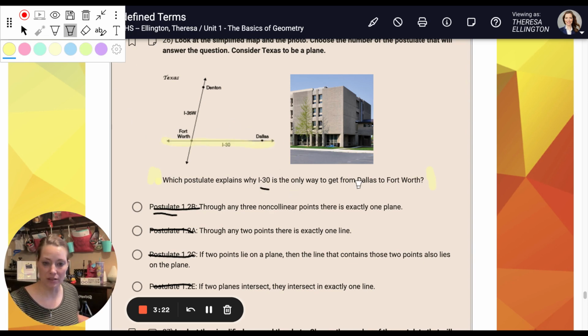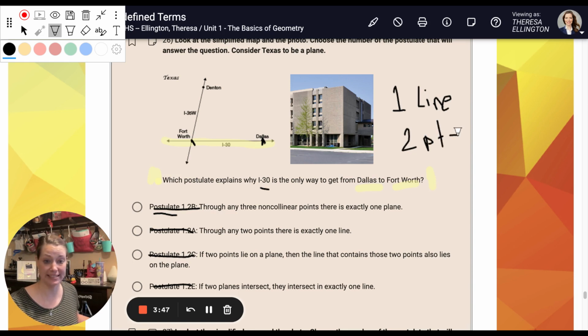And the next two nouns that we have are Dallas and Fort Worth. Well, on the map, those are represented by points. So I have 2 points. So I'm looking for a postulate that includes one line and 2 points.